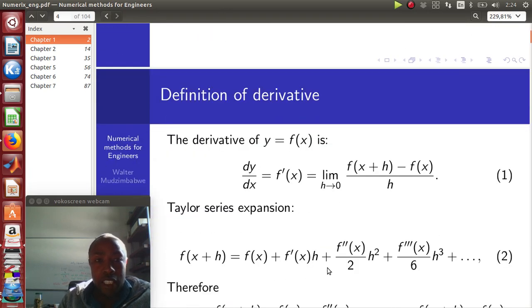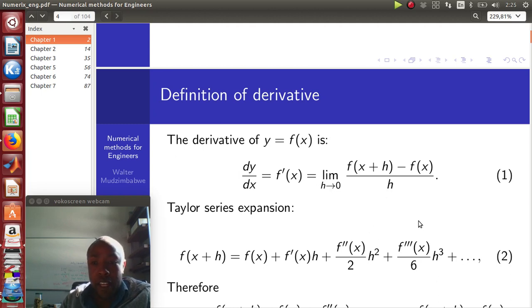But let's look at the definition of it, which you probably have seen before. The derivative of y with respect to x is written as f prime, and it is found by taking this limit. You take this limit when h goes to 0, or when h becomes smaller and smaller, and then you get this derivative.